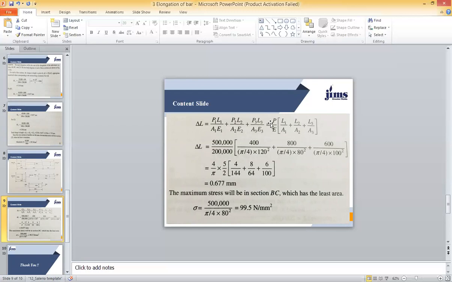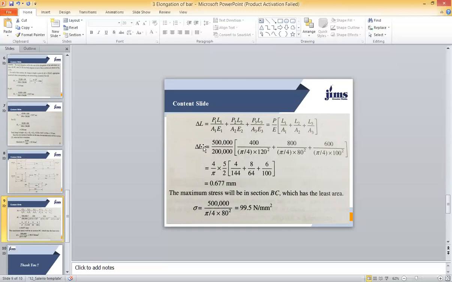We have different lengths as well as different areas. If you want to calculate delta L separately, like delta L1, delta L2, delta L3, you can, but if you can calculate directly in one formula, that is better for you.